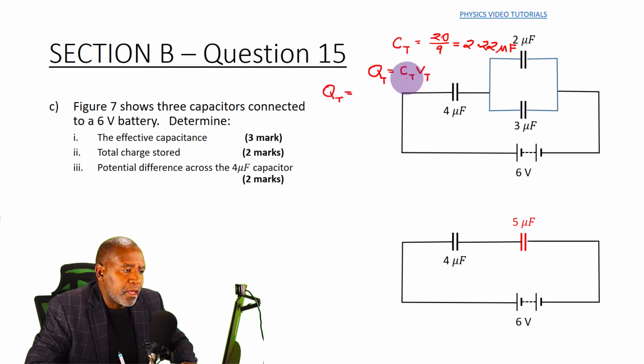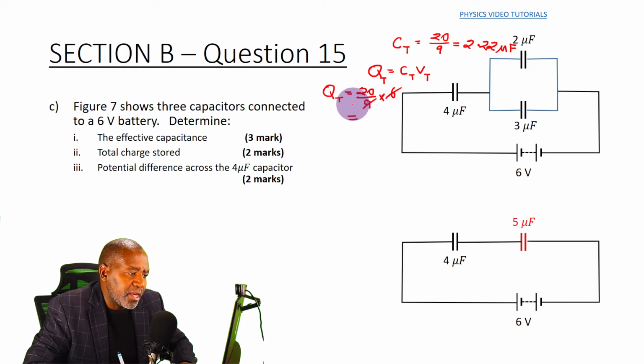The total capacitance is 20/9 microfarads times 6 volts. I can convert this into farads, in which case I'm going to get the answer in coulombs, but I can leave it in terms of microfarads, in which case I'm going to get my answer in terms of microcoulombs. So I prefer to do this.